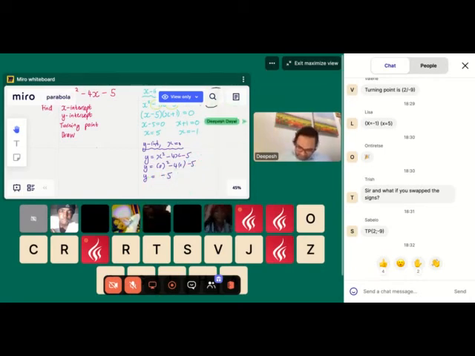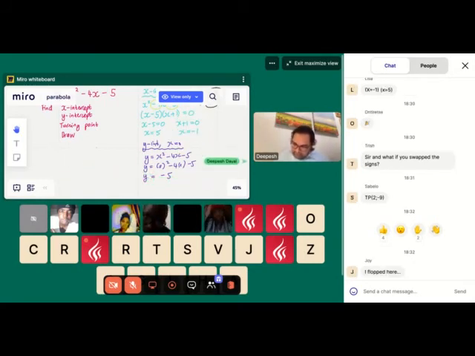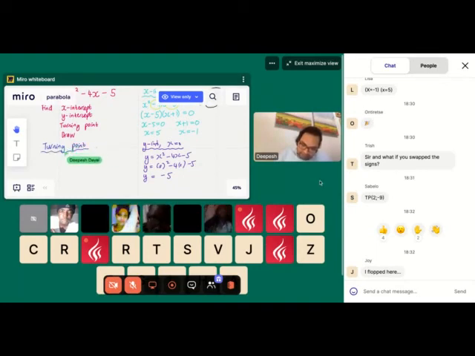I'm tempted to write the turning point here at the bottom. It will be a bit squashed, but I think we can put everything together. So the turning point, we need to say minus b over 2a. Okay, I'll just move this up and write it here. So the turning point, remember, x equals minus b over 2a.